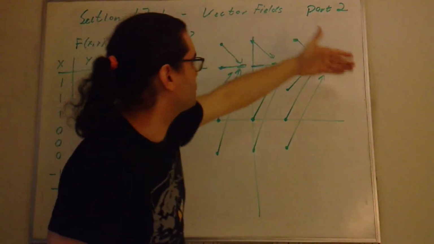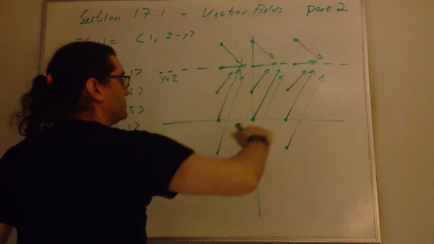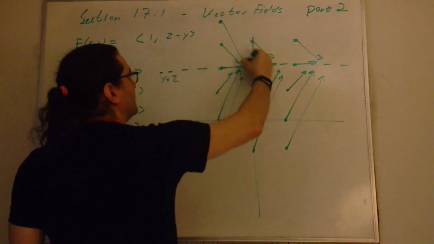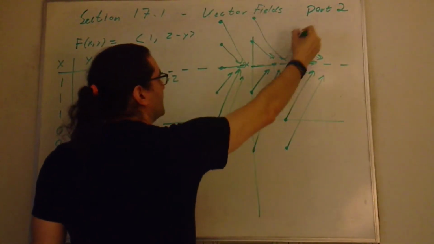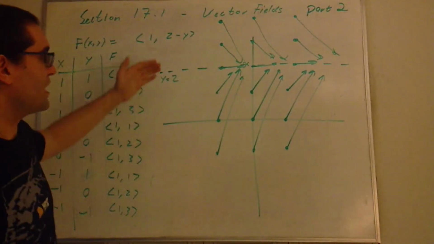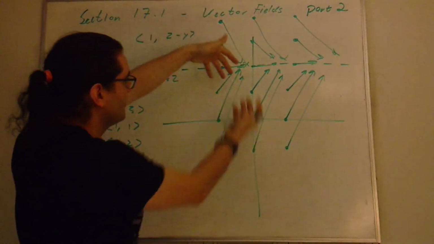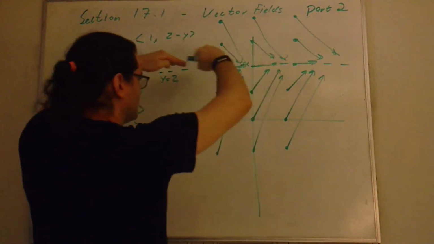Everything flows towards this line, y equals 2. So this is, I think, a really good way to model things converging to this line.